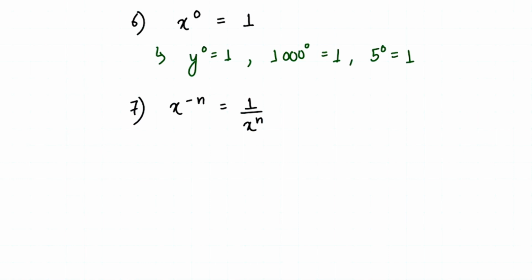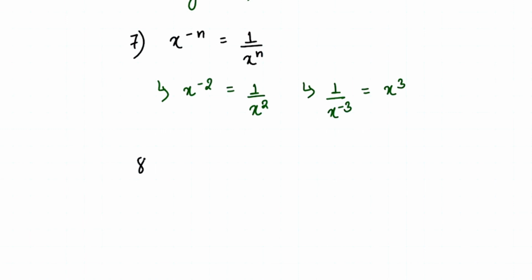For example, if we have something like x to the power minus 2, we can write this as 1 divided by x to the power plus 2. This also works in an opposite way. So for example, if we had something like 1 divided by x to the power minus 3, then we could write this as x to the power plus 3, okay? So when the denominator moves to the numerator, again, the symbol of the power changes and it becomes plus.